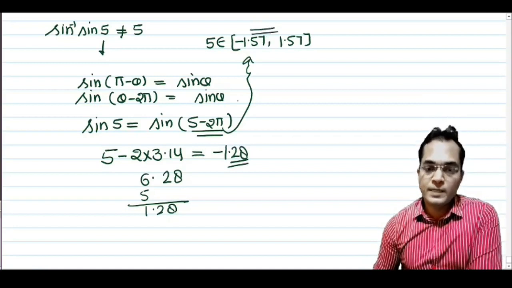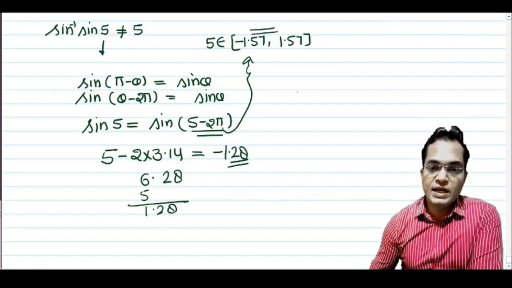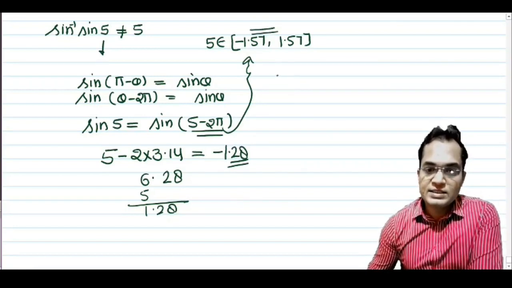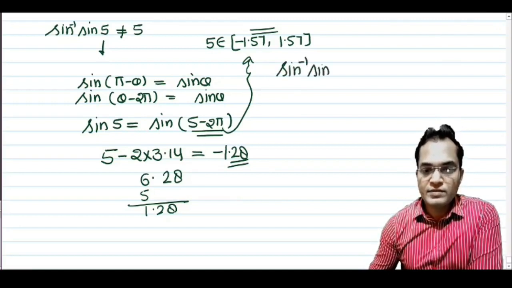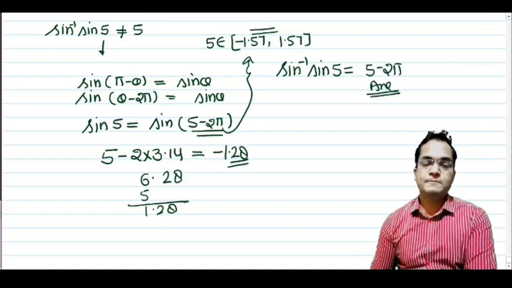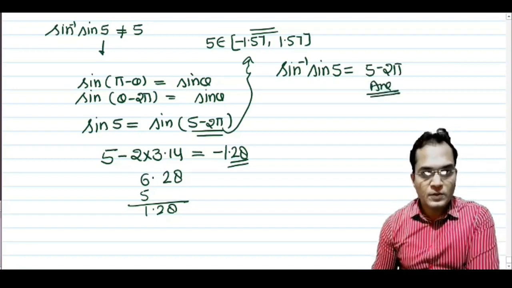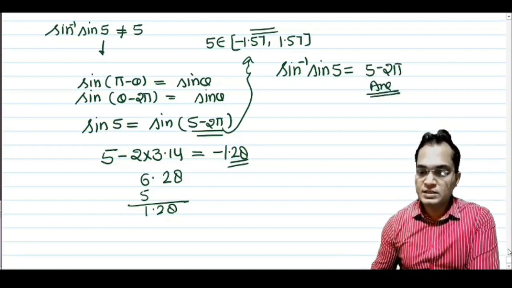Yes or no? Yes. Then sine inverse sine 5 is equal to 5 minus 2 pi. This is our answer. Got it?